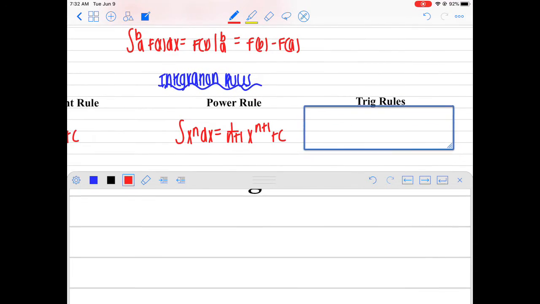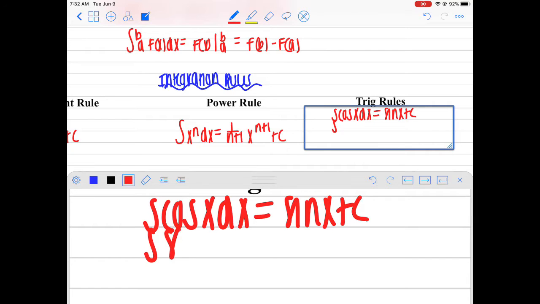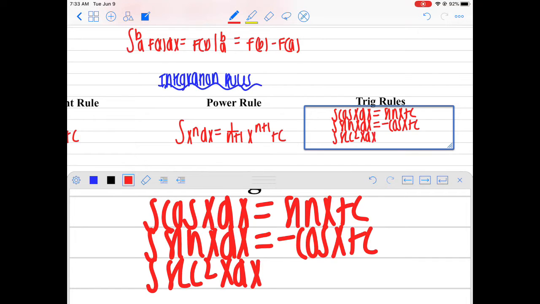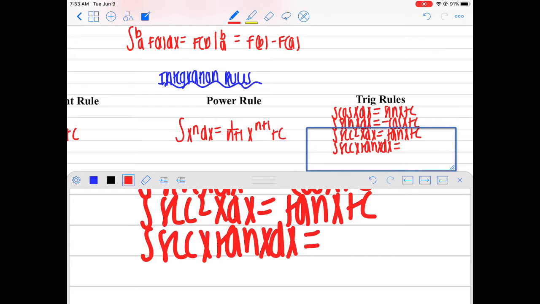And the trig rules are going to be the integral of cosine x dx is equal to sine x, and the integral of sine x dx is equal to negative cosine x plus c, and the integral of secant squared x dx is equal to tan x plus c, and the integral of secant x tan x dx is equal to secant x plus c.